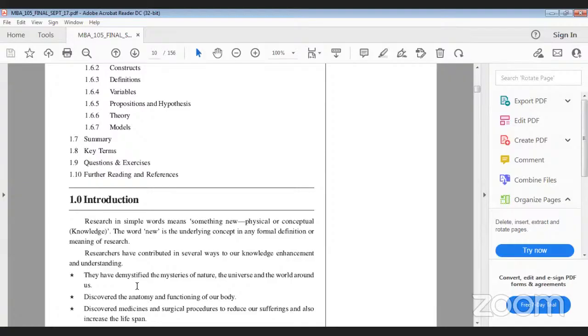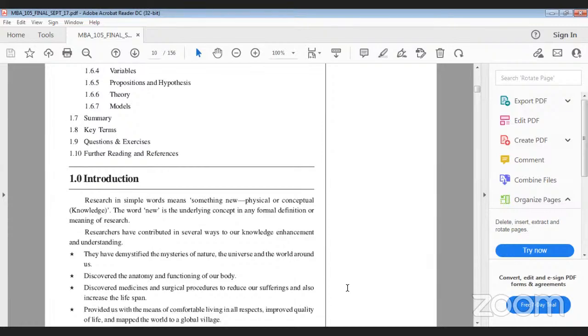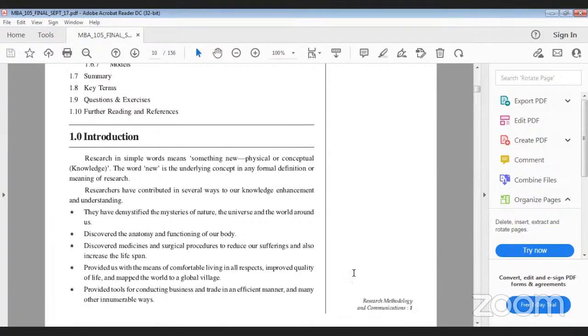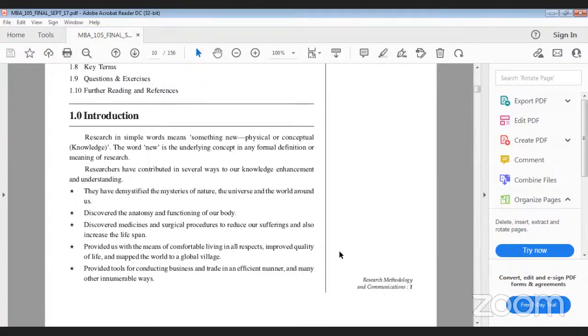They have demystified many mysteries of nature, the universe, and the world around us. Discover the anatomy and functioning of our body. Discover medicines and vaccines to reduce our suffering and also increase the lifespan.